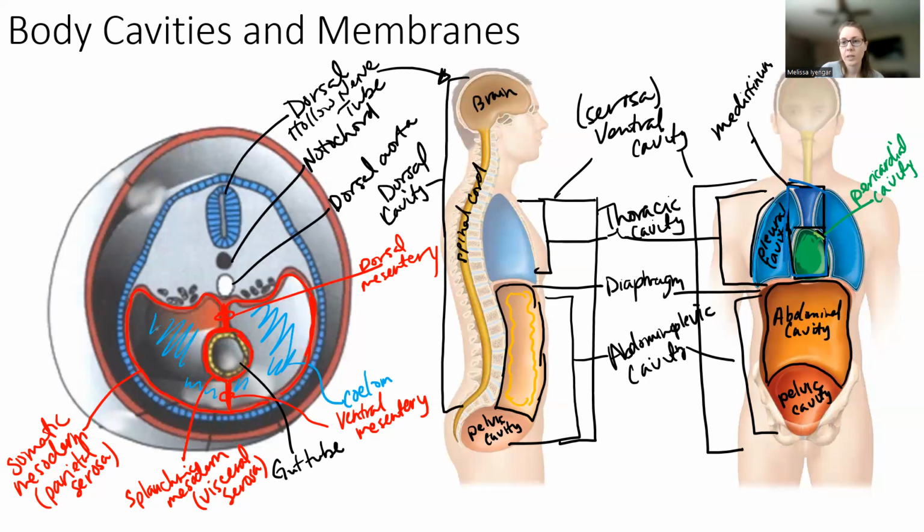So if you're not quite sure what this retroperitoneal thing means, you see how the parietal peritoneum is making up the body wall. So anything that's formed back behind the body wall, back behind the parietal peritoneum, is called retroperitoneal, because it's behind the parietal peritoneum.